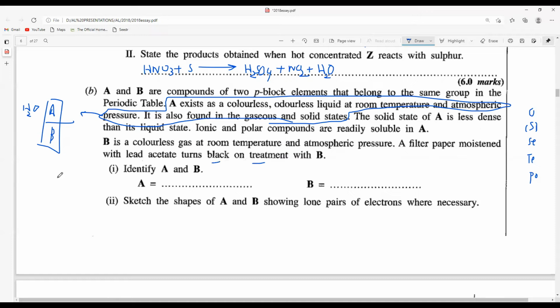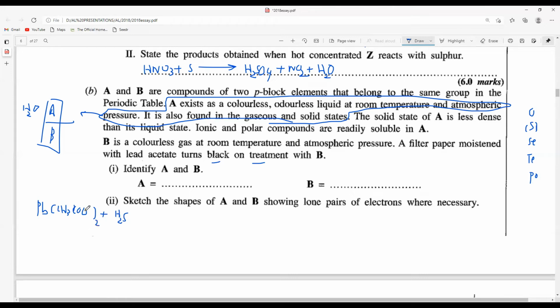So normally when you have lead acetate, for an example, lead acetate with H2S. There is no hydrogen here, sorry for that, that is why there is lead here.